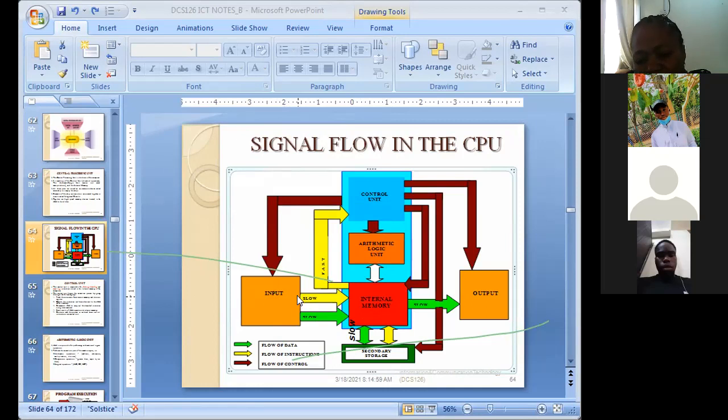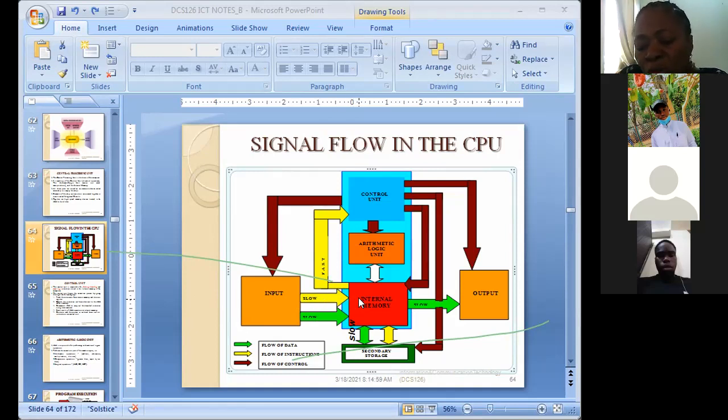Input comes in and it flows, and you can see the signal flow from input device to the CPU is slow. Why? Because there is human intervention. A human being is there. And you know, we human beings don't work as fast as a computer. So that's why this signal flow is slow.